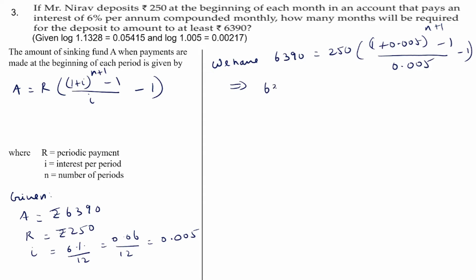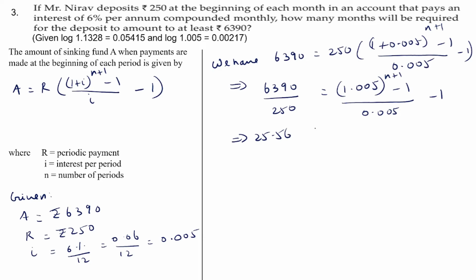I am substituting each of these values in this formula. So this implies 6390 upon 250 equal to (1.005) the whole raised to n plus 1 minus 1 upon 0.005, minus 1. Now when we divide, we get 25.56 equal to (1.005) the whole raised to n plus 1 minus 1 upon 0.005, minus 1.